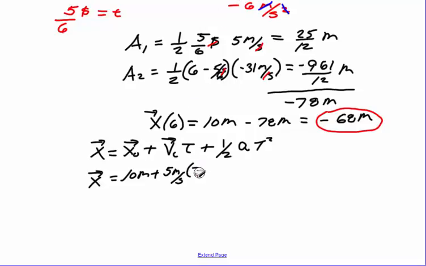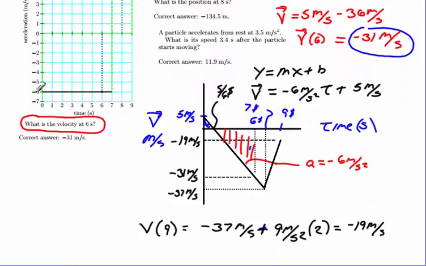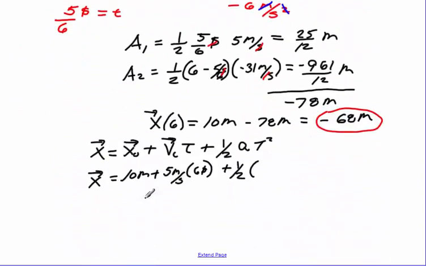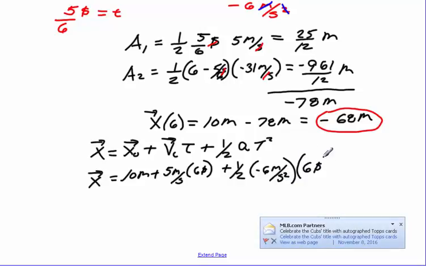Again, my t here is going to be 6 seconds plus 1/2 times my acceleration, and my acceleration again is going to be what the slope is, and that's -6, times 6 seconds squared. Set those off here.